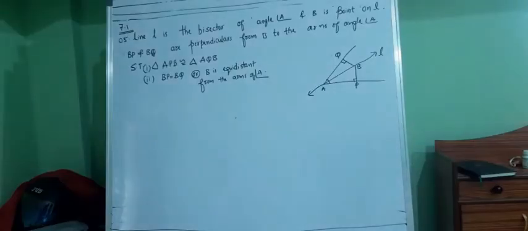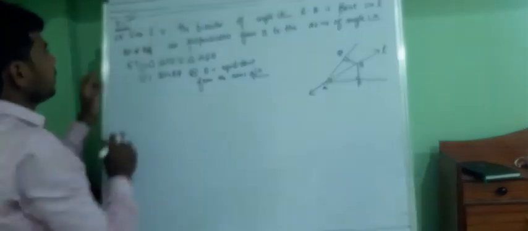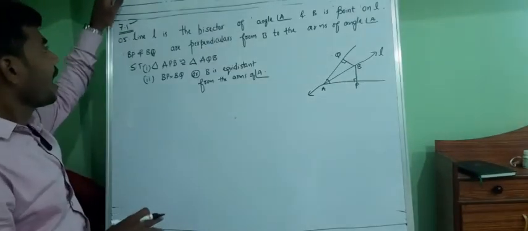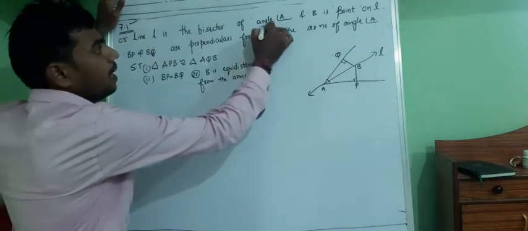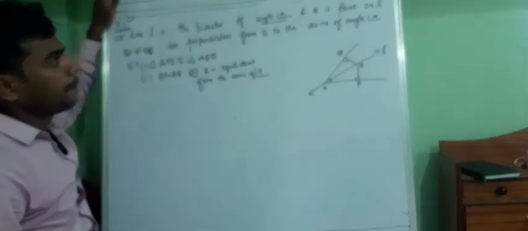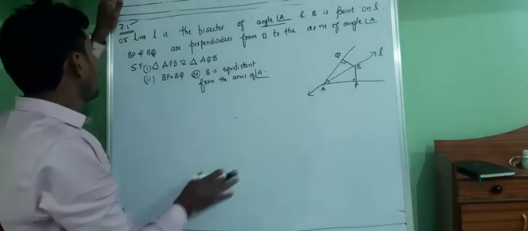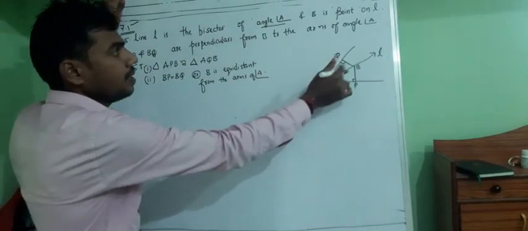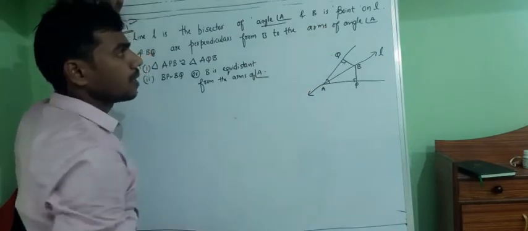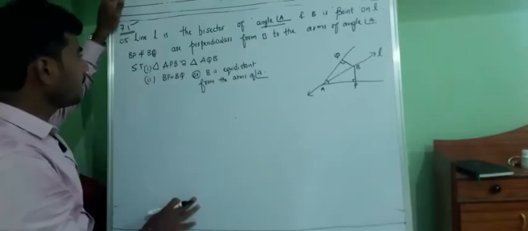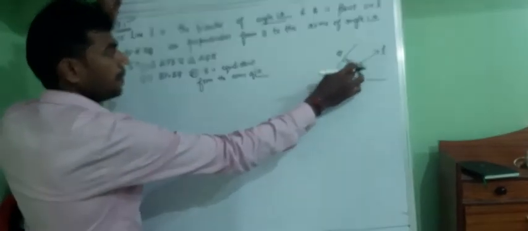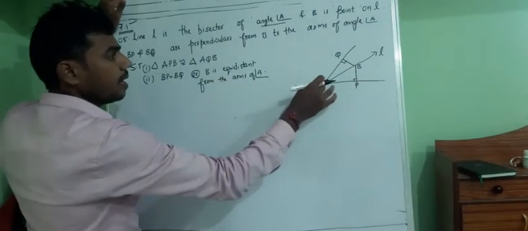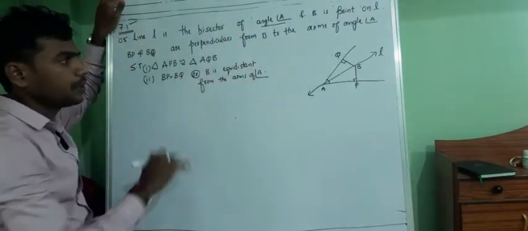Okay, we will continue with the 7.1 exercise. In that fifth question, line L is the bisector of angle A and B is a point on L. BP and BQ are perpendiculars from B to the arms of angle A. Show that triangle APB is congruent to triangle AQB.